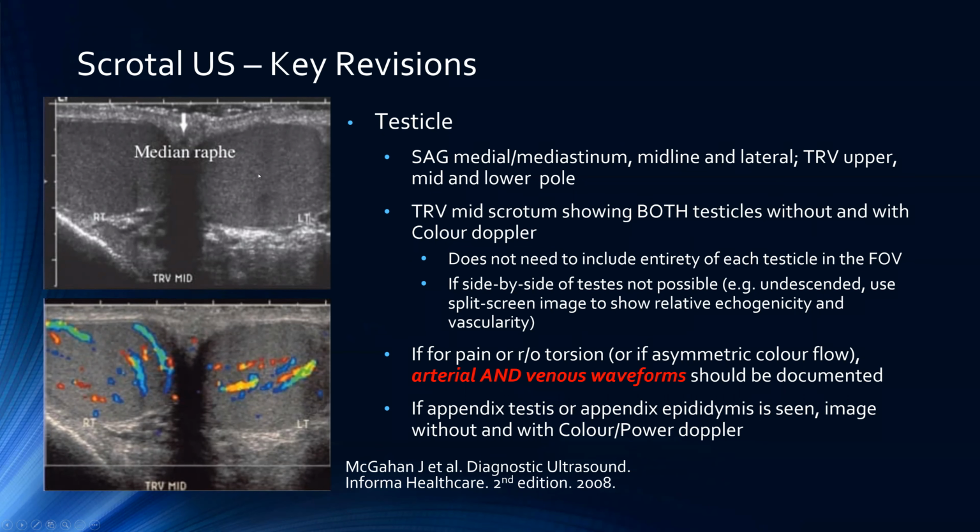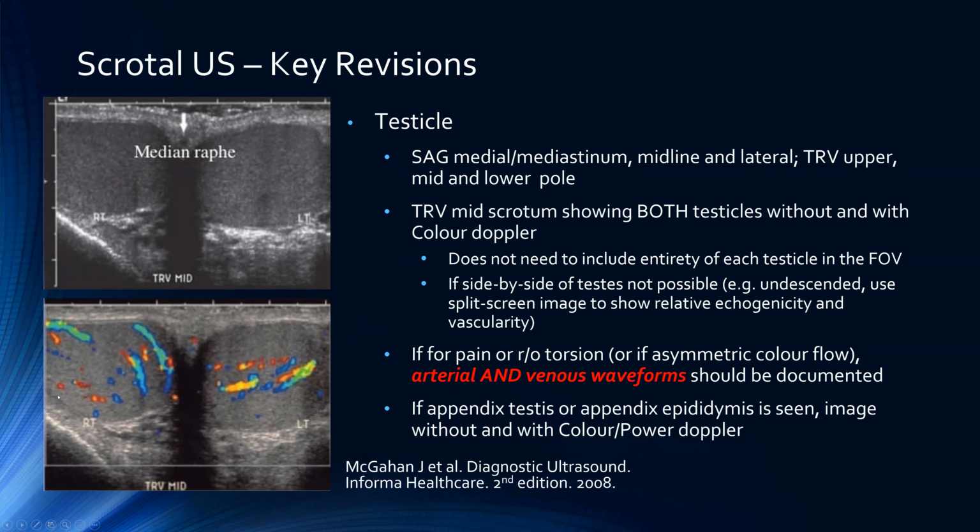Critically important to include at least one midline image of the scrotum that includes both testicles, both without and with color Doppler. It allows us to really clearly see the differential echogenicity of the two testes, as well as differential flow, either absent flow in the setting of torsion or hyperemic flow in the setting of epididymo-orchitis.